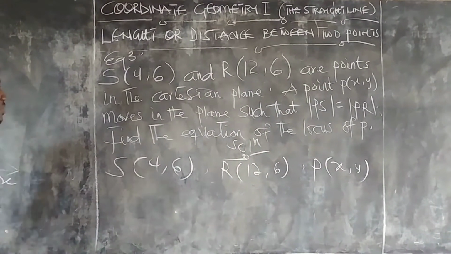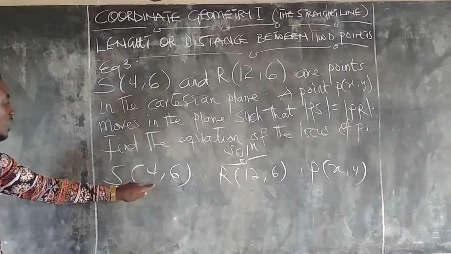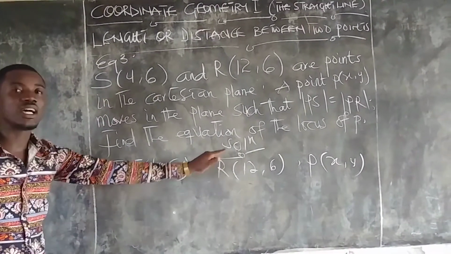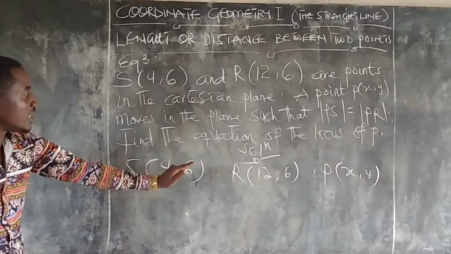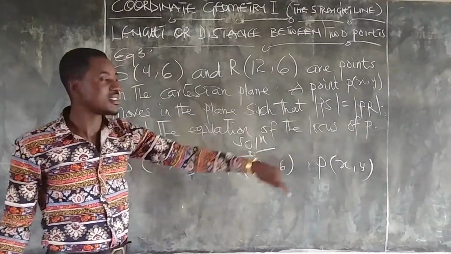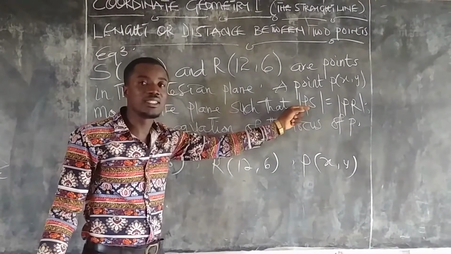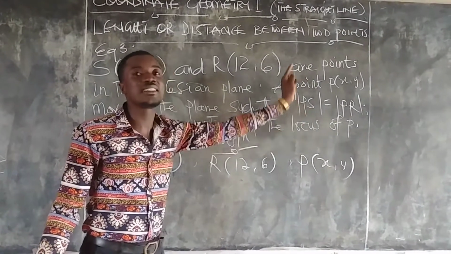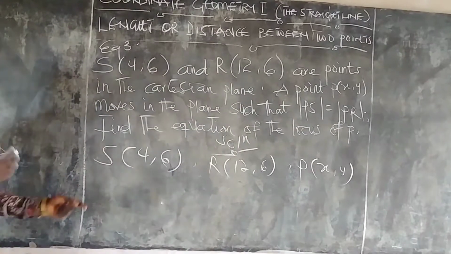This point is moving in the same plane where you can find your (4, 6) and (12, 6). Now we are saying that the length of PX is the same as the length of PR. In other words, the distance or the magnitude of PX is the same as the magnitude of PR. So what is the implication?